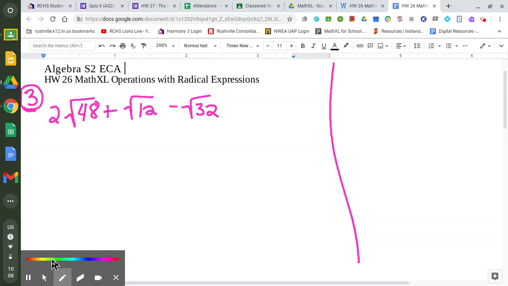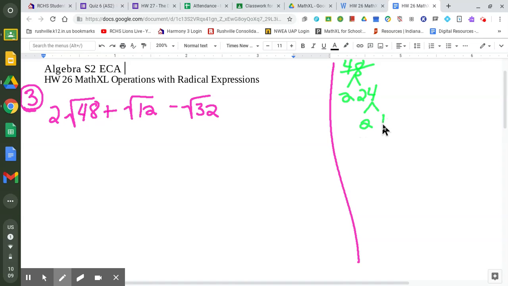So I need to do factor tree for 48. 48 divided by 2 is 24. 24 divided by 2 is 12. 12 divided by 2 is 6. 6 divided by 2 is 3.